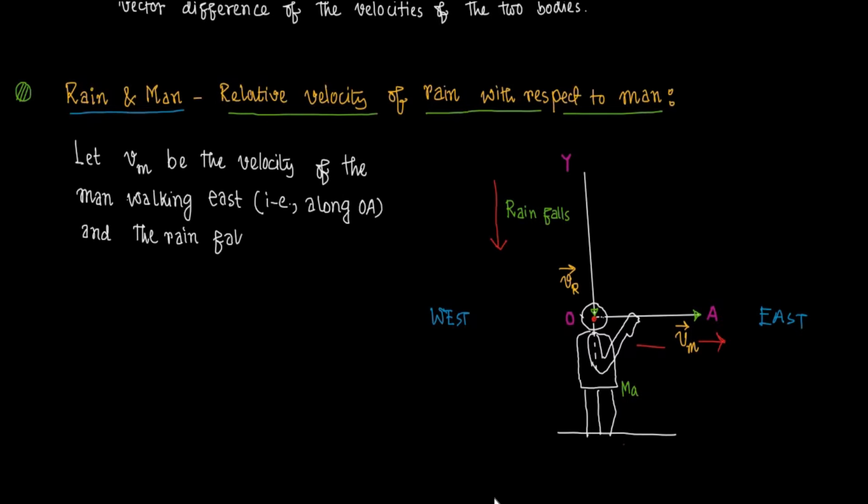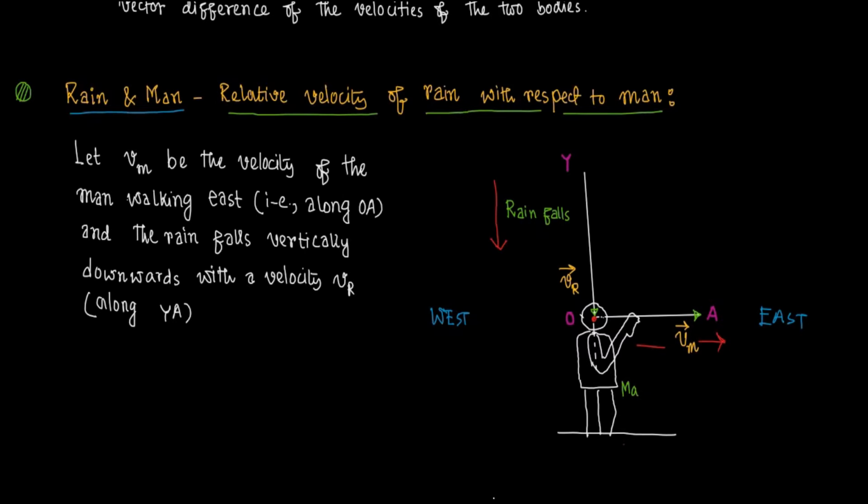And the rain falls vertically downwards with a velocity Vr, that is along YA.